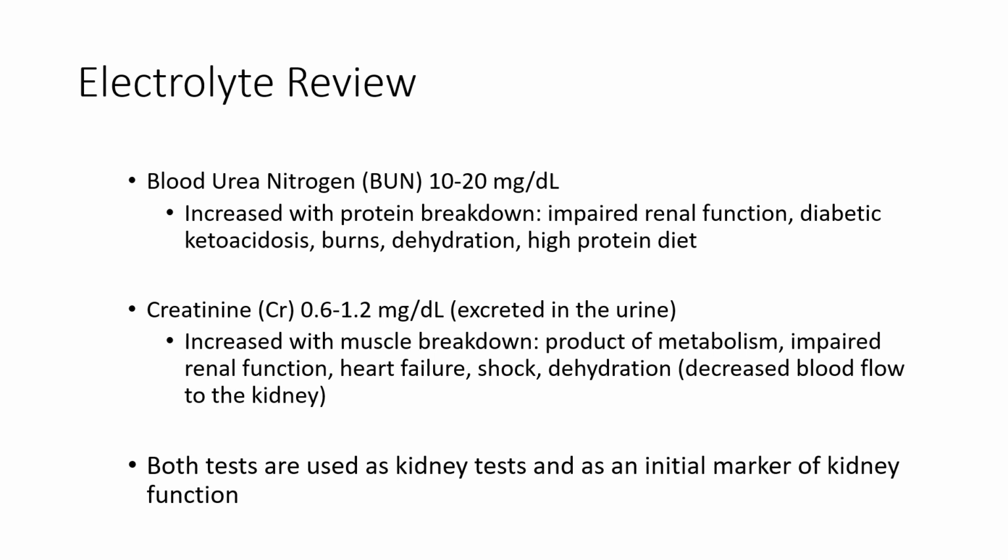But there's other conditions that can cause an elevation of these factors in the blood. So for example, blood urea nitrogen, well, nitrogen comes from breakdown of protein and amino acids.